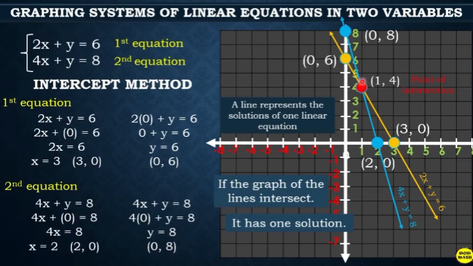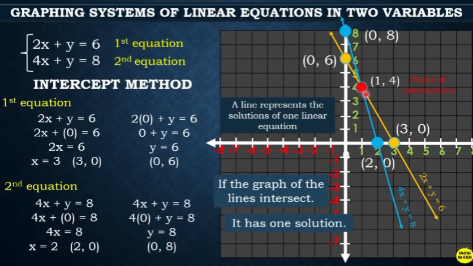So, since isa lang po ang intersection nila, (1, 4) lang, therefore, we only have one solution. Kapag ang graph mo ay intersecting lines. Okay? So, kung napanood nyo nga po yung video tutorial bago ito, nag-describe tayo doon na kapag ang graph mo is intersecting lines, then the solution is only one.